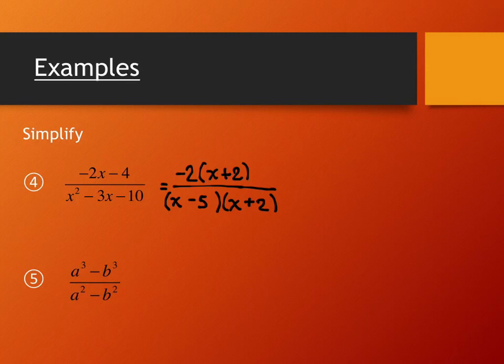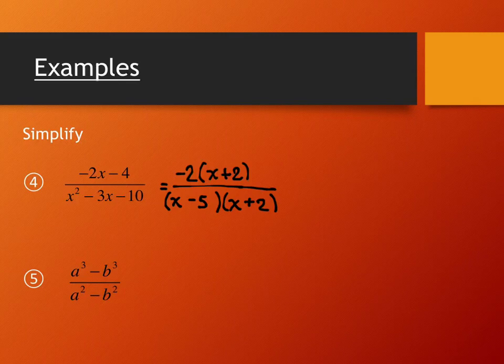Okay? Now, here's another piece of advice for you when you're looking at factoring these. The only way that this problem gets any simpler, which is the directions, simplify, is if there's something on top that matches what's on bottom. x plus 2. So I'm expecting that there's going to be an x plus 2 on bottom.